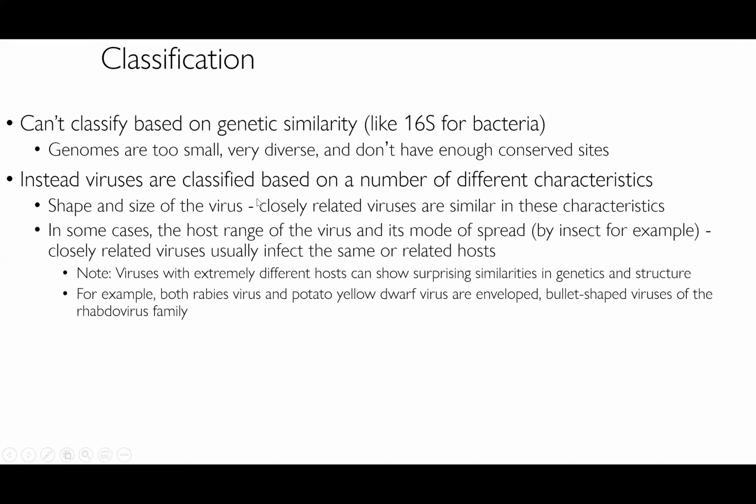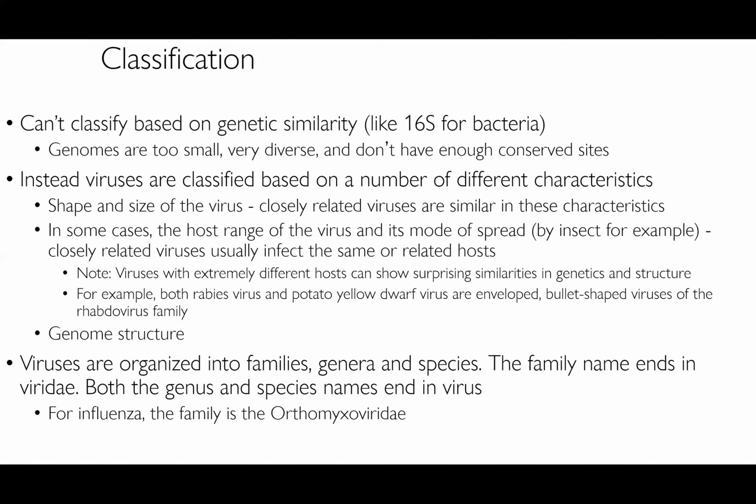In some cases, the host range of the virus and its mode of spread, i.e. being an insect vector virus, allows a little bit better classification, because things that are closely related generally infect the same host. To put that in perspective, that's like comparing the flu, or comparing SARS with, say, COVID-19, which is the current outbreak. They are sometimes classified by their genome structure, whether they're DNA, RNA, double-stranded, single-stranded, and so on.